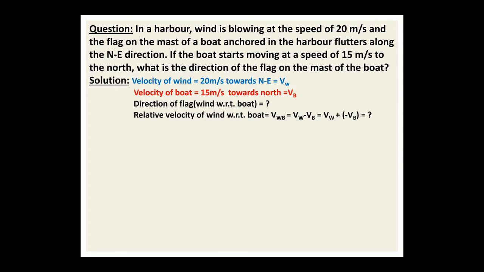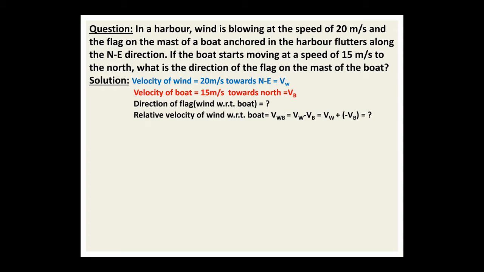And to find the direction of relative velocity of wind with respect to boat, first we have to find its magnitude. So first we will find the relative velocity of wind with respect to boat, which we write as VWB.